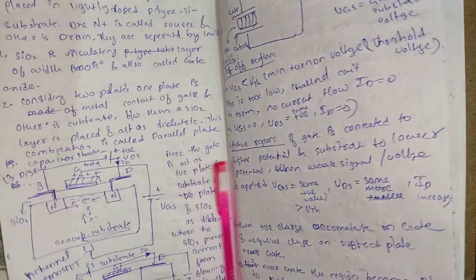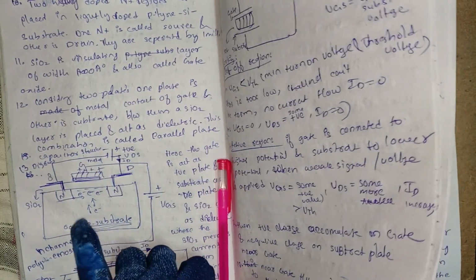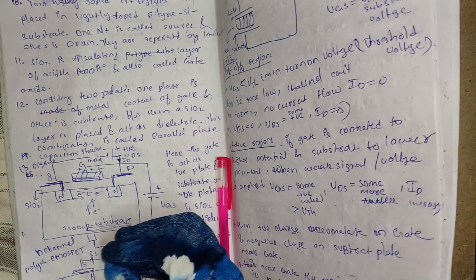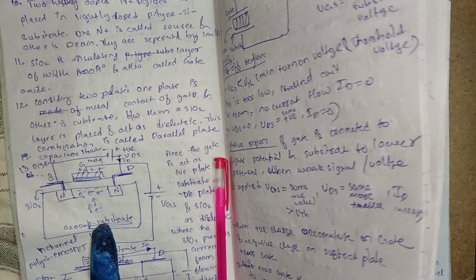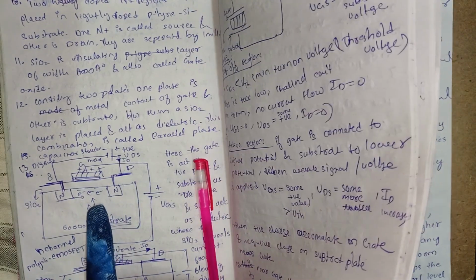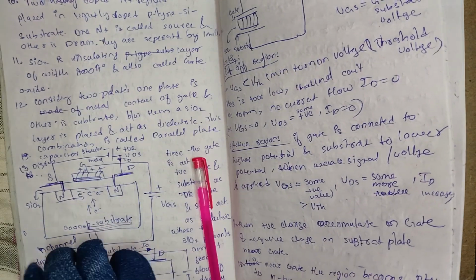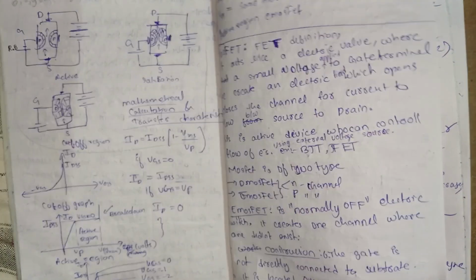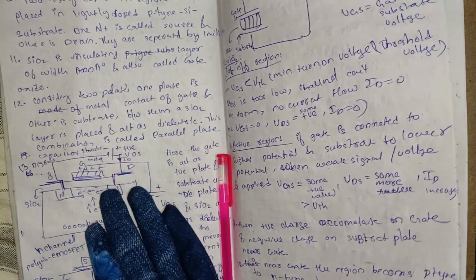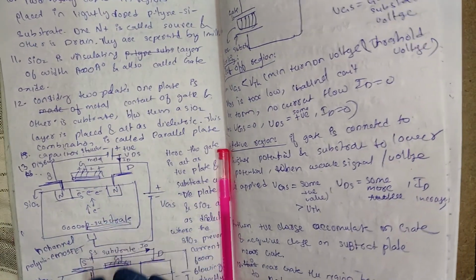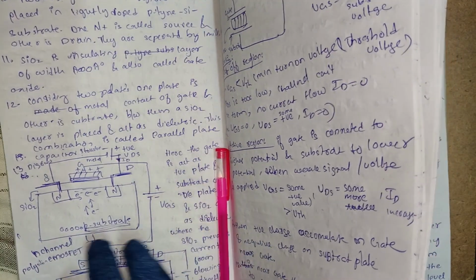Here it is saying, if the substrate is heavily doped, meaning more extra holes are added to it, then the gate voltage, we have already seen in the MOSFET definition, we apply a small voltage to control the opening or closing of a channel.